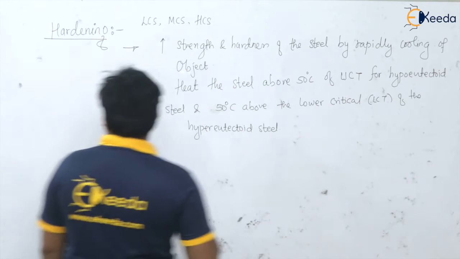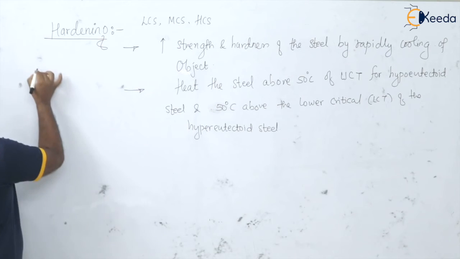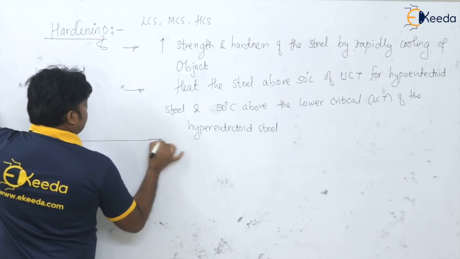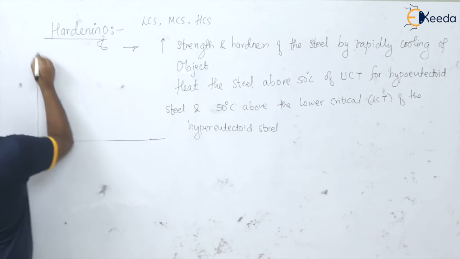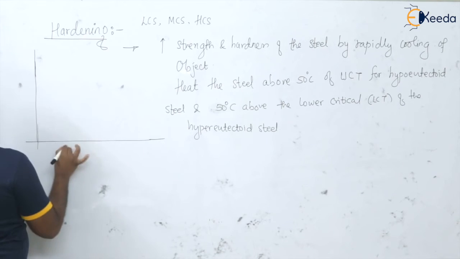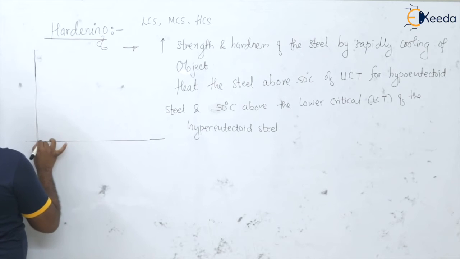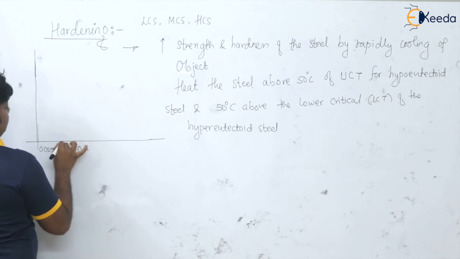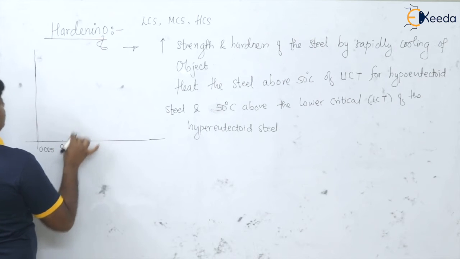If we plot this phase diagram, the part for this eutectoid transformation, we will have it like this. Suppose this is 0.025% carbon, this is 0.8%, this is 0.4%.